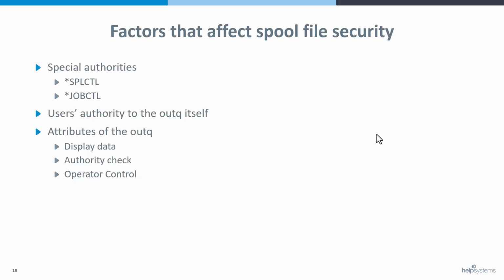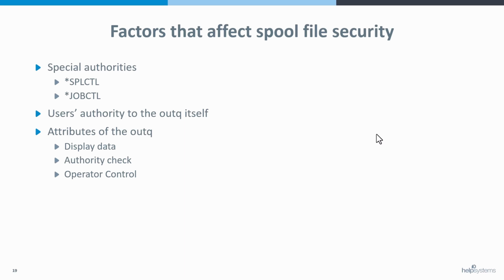So when we talk about spool file security, there are two special authorities that come into play. We have spool control and we have job control. And then additionally, we have the user's authority to the outqueue itself, and we also have the attributes of the outqueue that work together: display data, the authority check, and operator control.